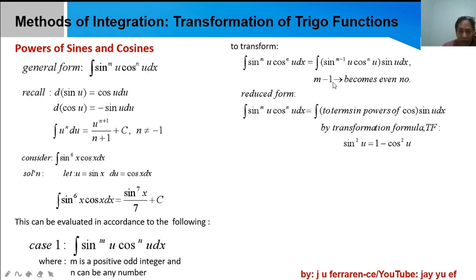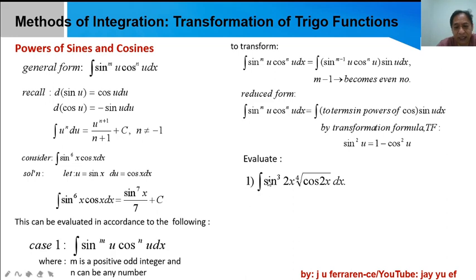Now we have to express the terms within the parentheses as powers of a cosine. And since this is already even, we can use a transformation formula to convert everything in terms of a cosine using the Pythagorean identity. Sine squared u can be replaced with 1 minus cosine squared. So, with that, we are now ready to solve for a situation like this.